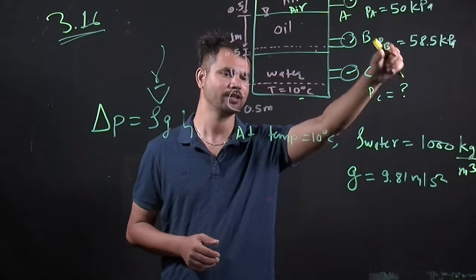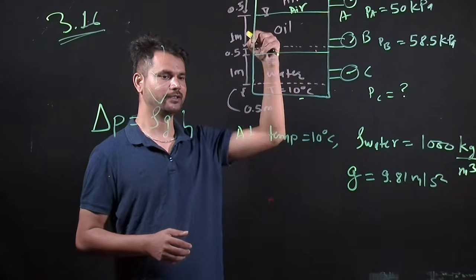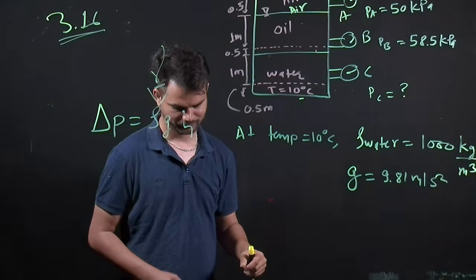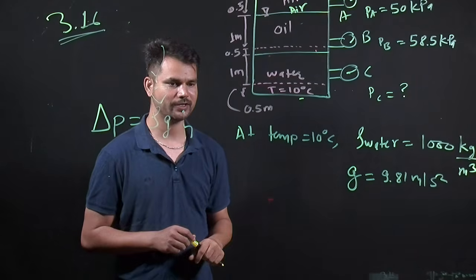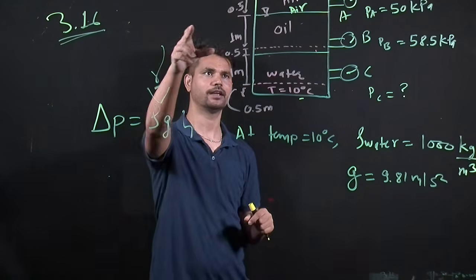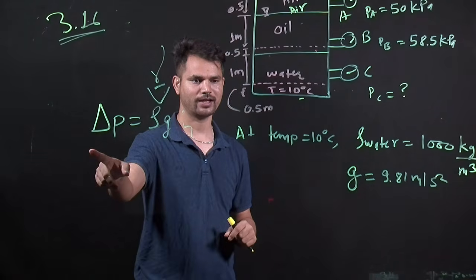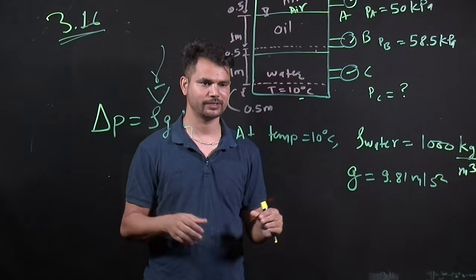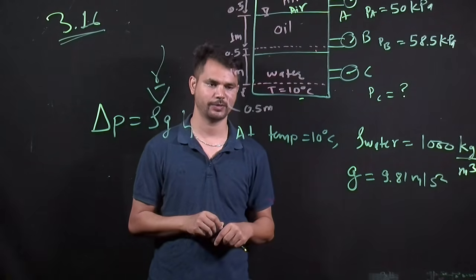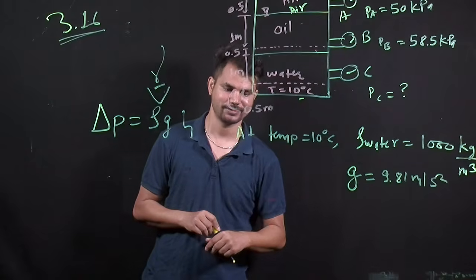What we can notice is when we go down, then pressure is increasing. And let us compare between this A and B and use this formula so we can compute the ratio of specific weight. We can compute the specific weight.